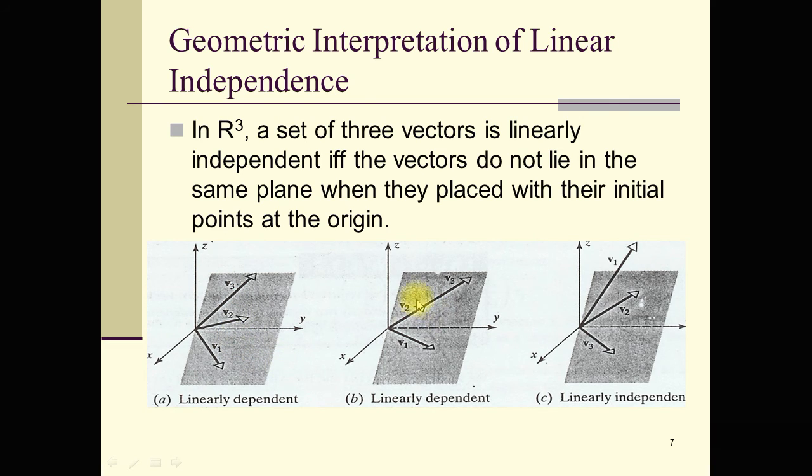In this case the vectors also do not lie in the same plane. In this case the vectors lie in the same plane, so they are linearly dependent. These vectors also lie in the same plane, so they are linearly dependent. But these vectors do not lie in the same plane, so the vectors are linearly independent.